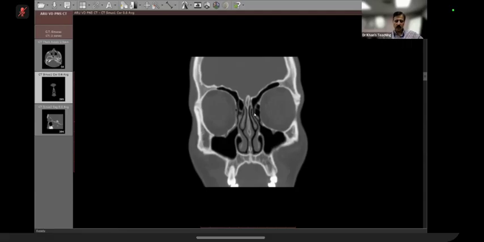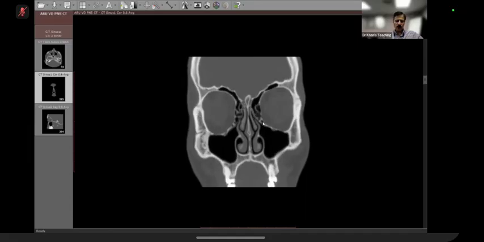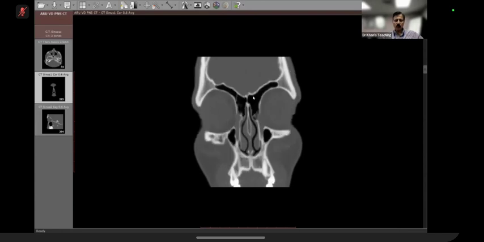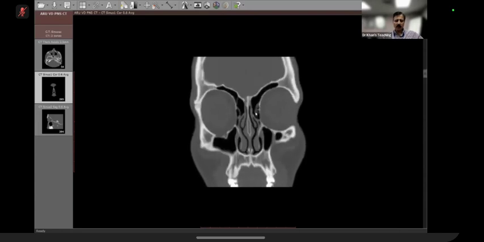Do you see this lucency, which is continuously going like this? So this is the nasofrontal duct, and actually it's a recess type of thing. From here, the pathway again is into the middle meatus, and you can see it going like this. So this was the frontal sinus.